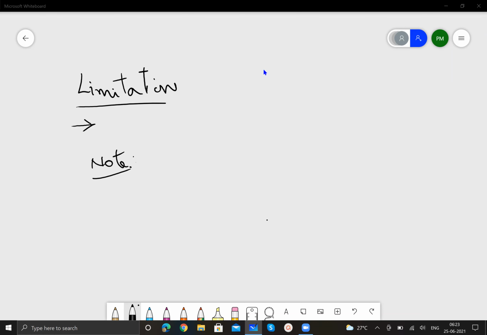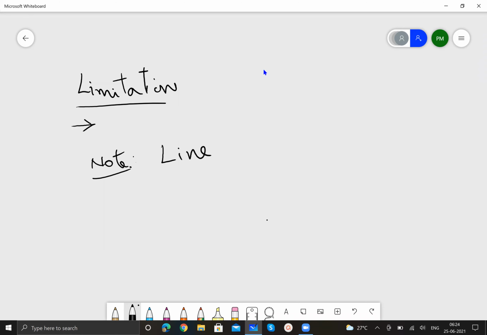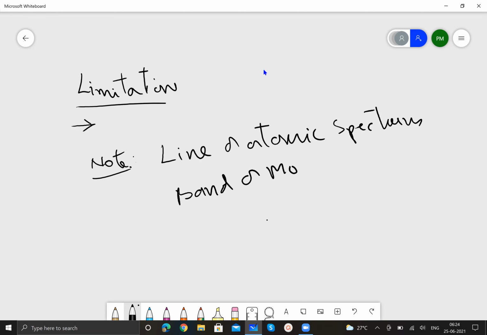We'll be learning it again in optics. These are respectively called line or atomic spectrum, and band or molecular spectrum. Line spectrum or atomic spectrum corresponds to gases in atomic state. Band or molecular spectrum.